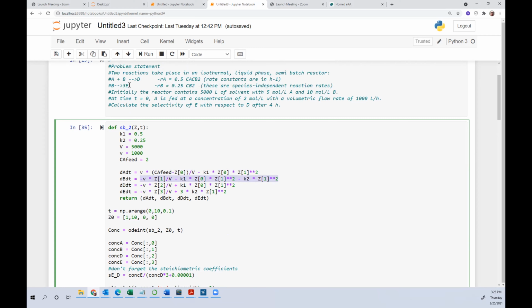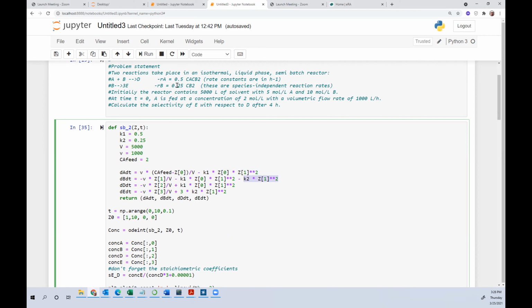One thing about B is that it's being used in both. Oh, did I actually write RB? I didn't write out what RB was. I should have done that. So here, RA is only K1 CA CB squared. The net rate for RB: B is being consumed in both reactions, so it is minus K1 CA CB squared minus K2 CB squared.